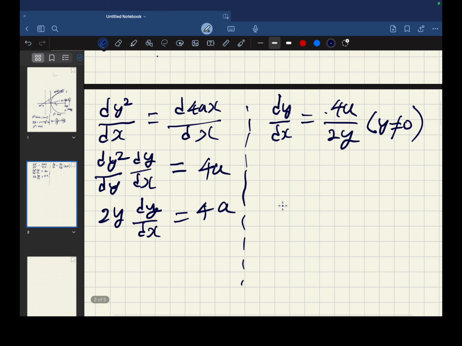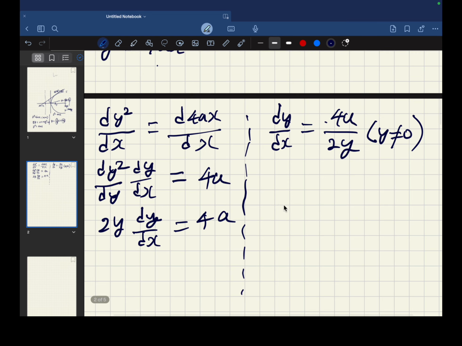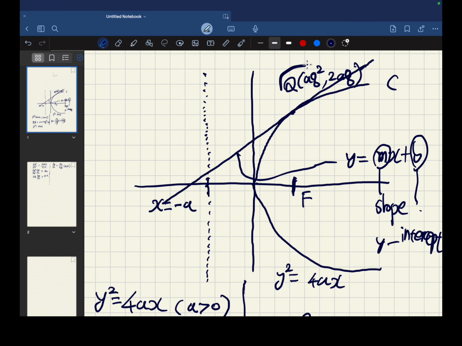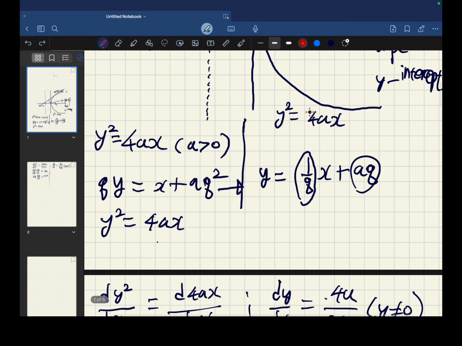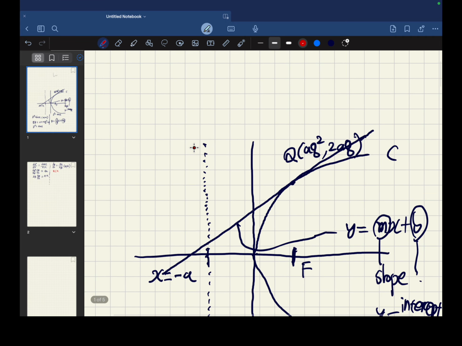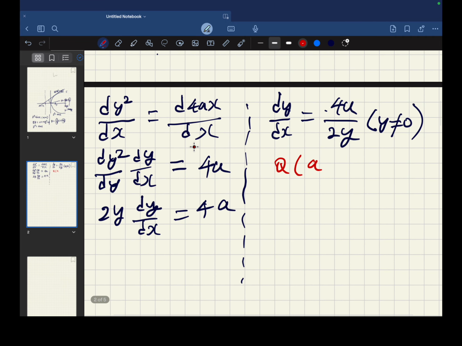And since we're finding the slope at this point Q here, as you see, by using this equation, Q is (aq squared, 2aq).